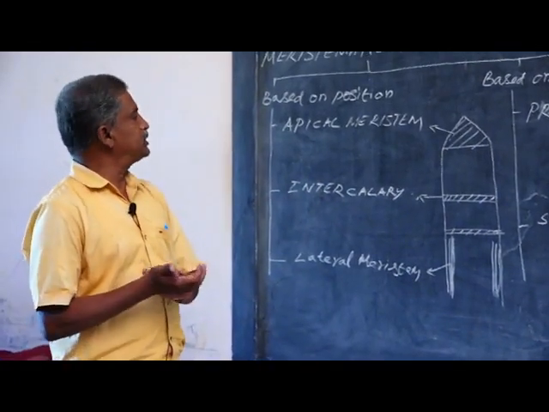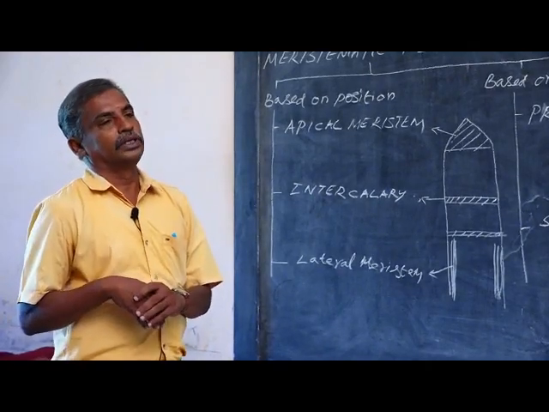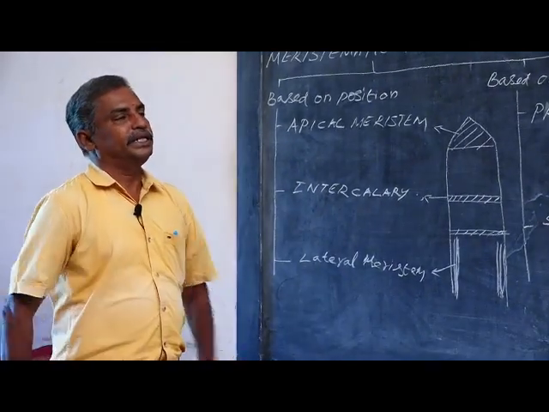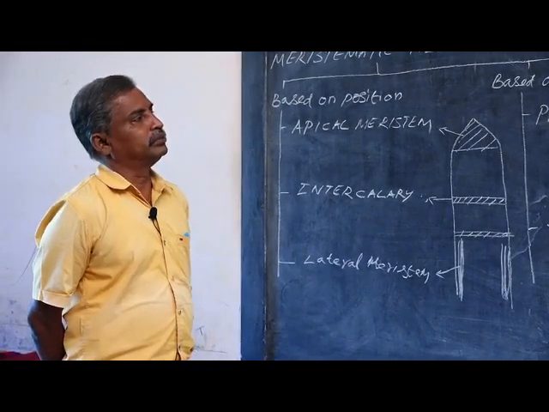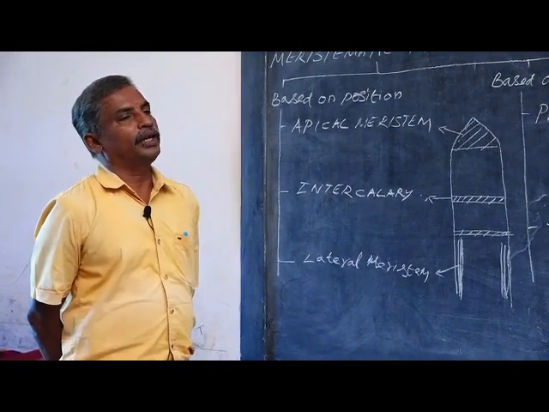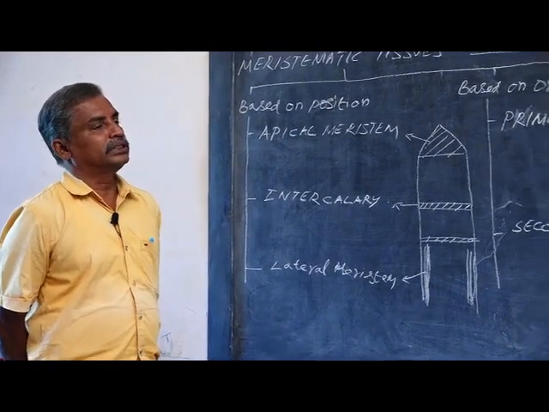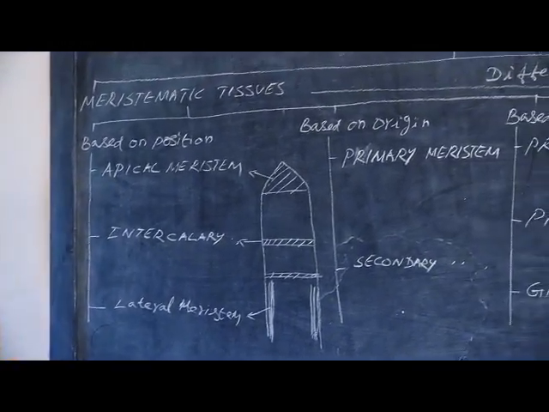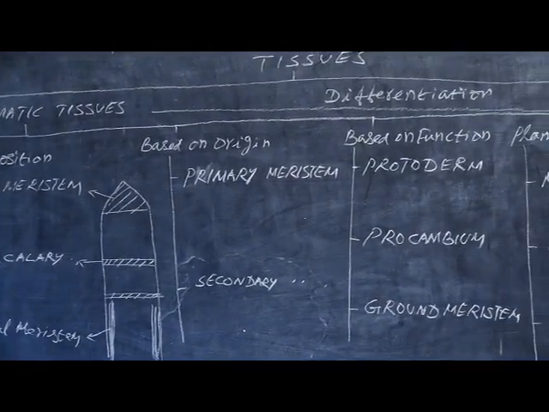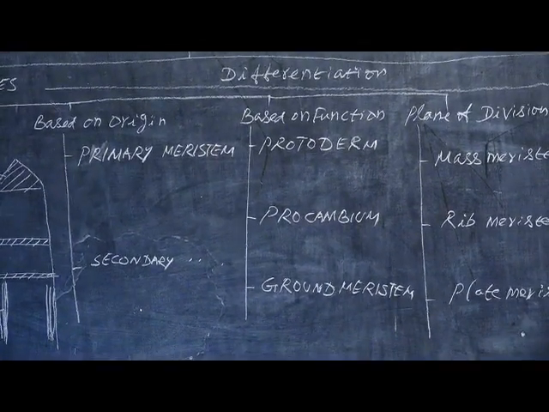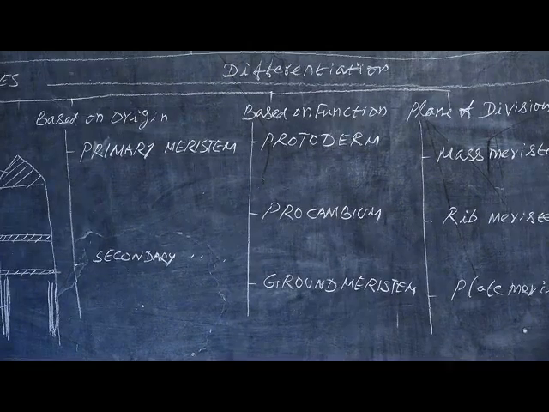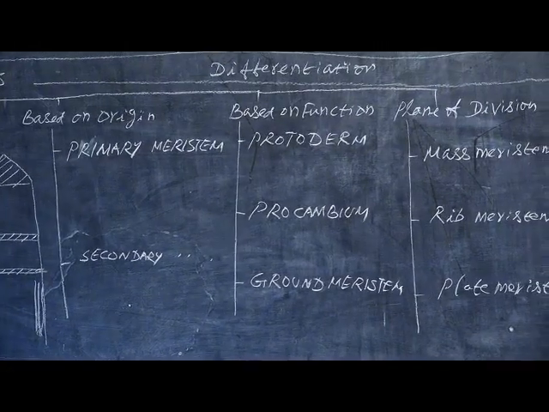What are the examples of apical meristem? There are three types of apical meristems. One is protoderm, the other is procambium, the third is ground meristem. Based on function, the protoderm gives rise to the epidermal portion.